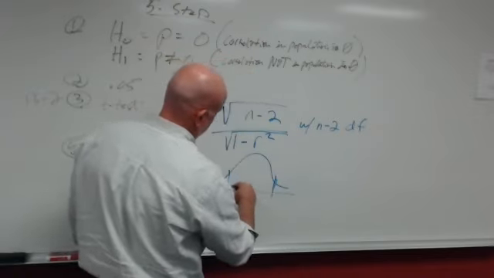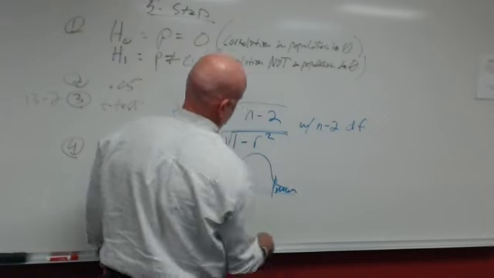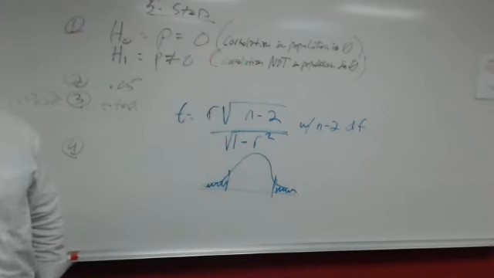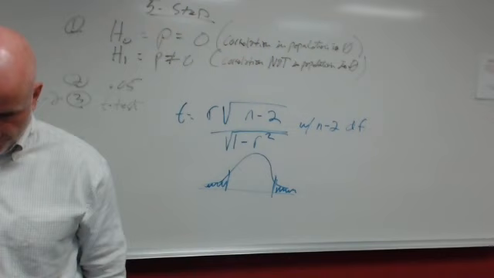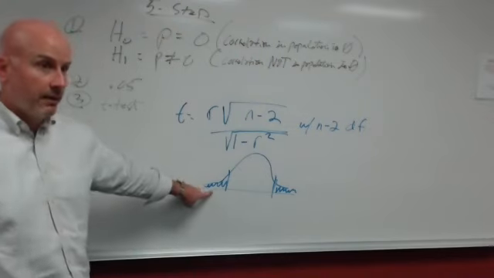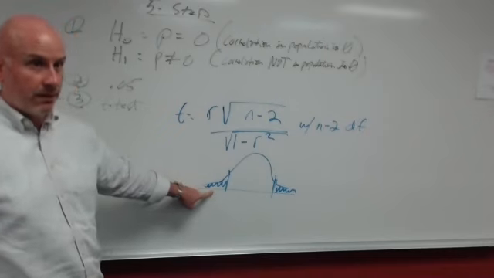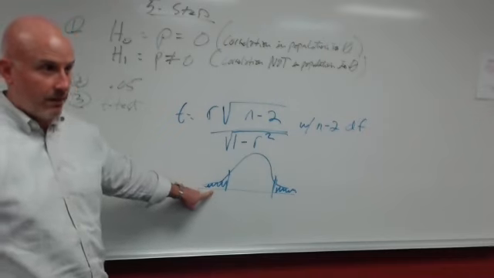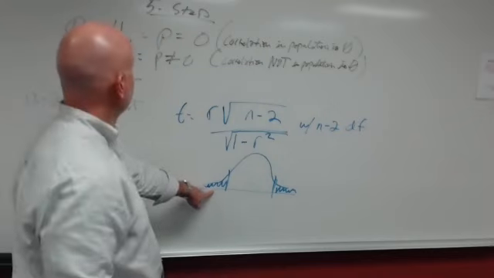And we're going to have something out here as our critical values. What area is going to be out here? Region of rejection. So it's just a region of rejection.